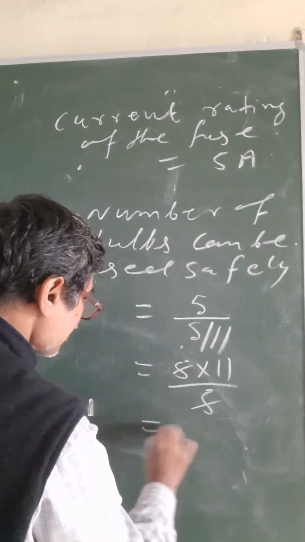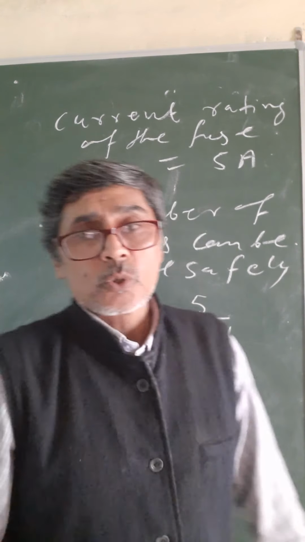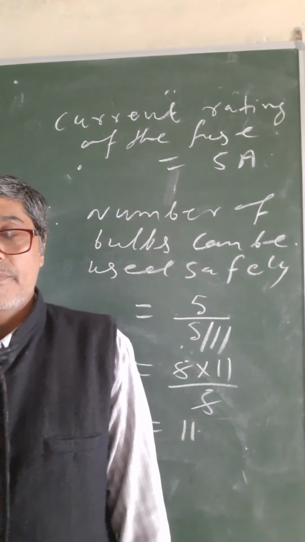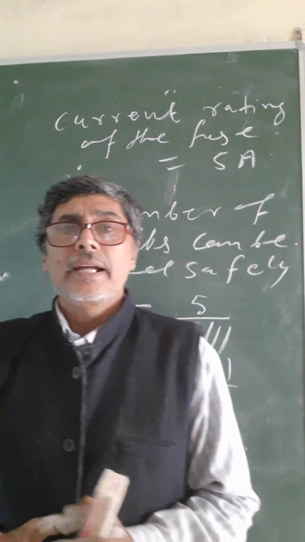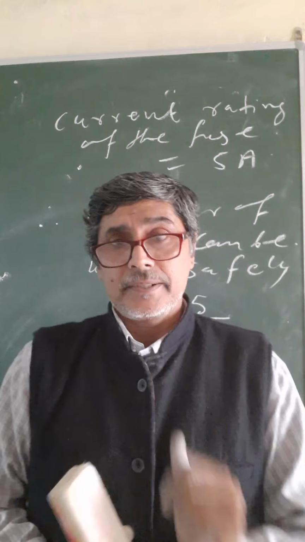The 5s cancel, that is 11. So 11 bulbs of power 100 watt and 220 volt can be operated safely.